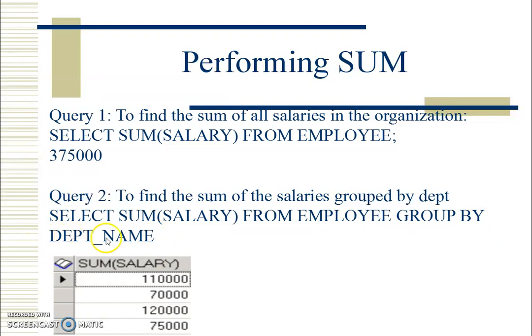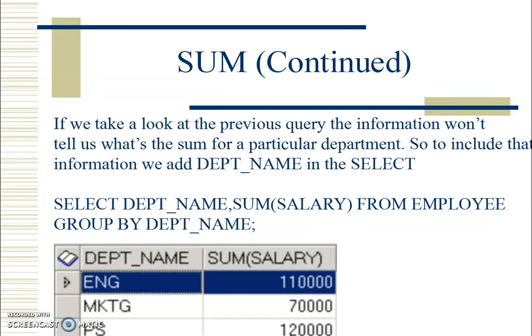Depending upon the department, there are 4 departments in the employee organization. Based on those departments, the total is given. Now, I don't know what all the departments available are, so I want to have the department name before that. I write a query like this: select department name, followed by sum of salary, from employee group by department name.